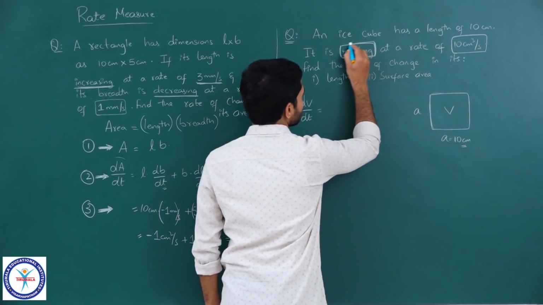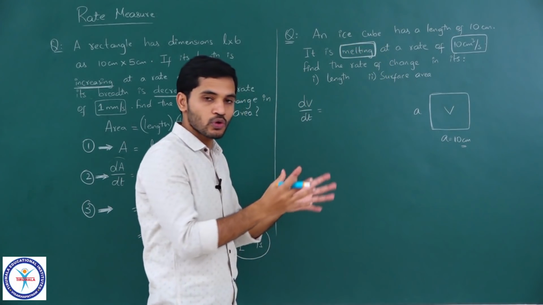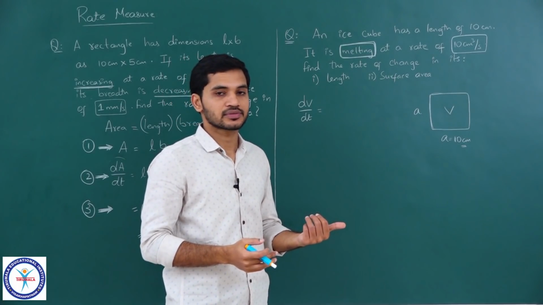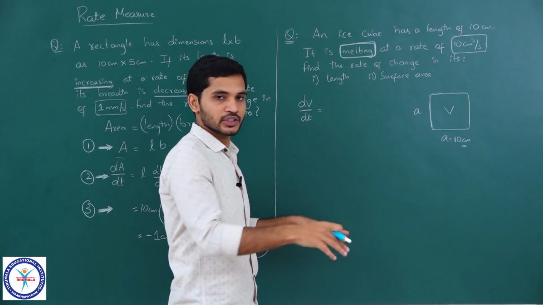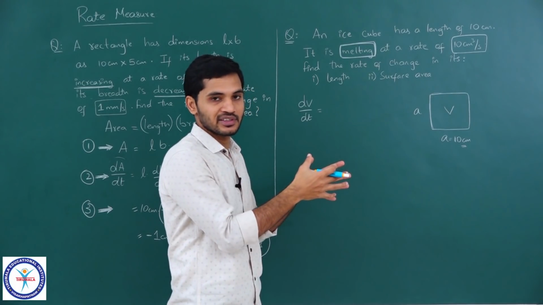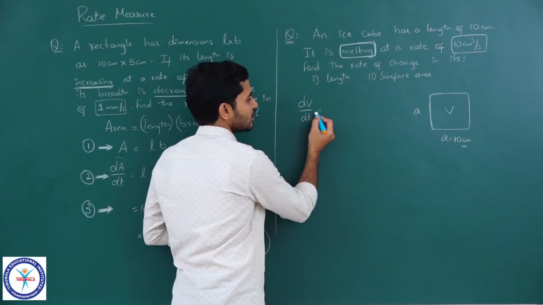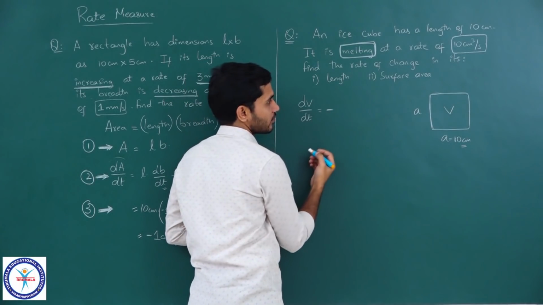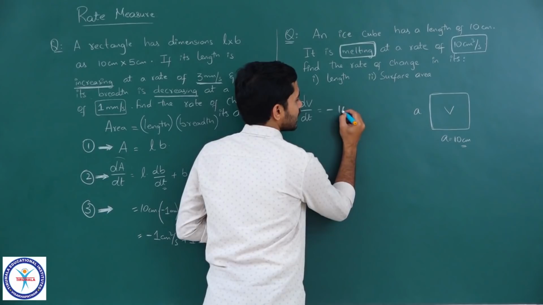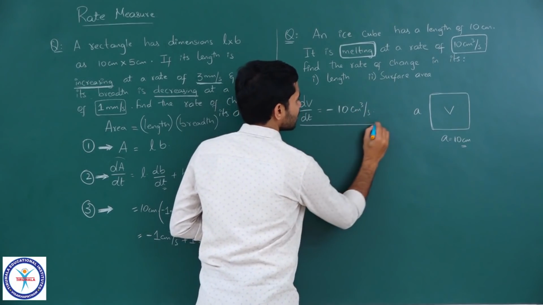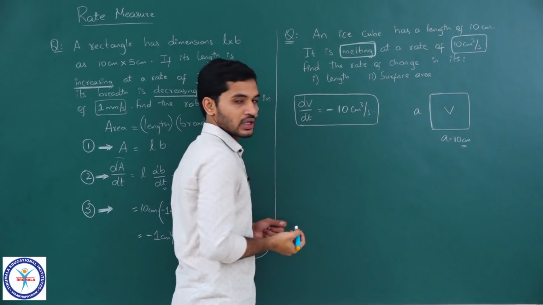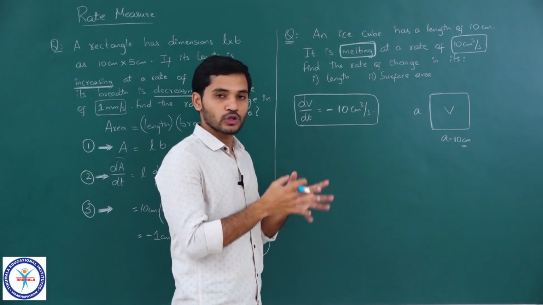So melting means what happens to the cube's volume, will it increase or decrease? It decreases, right, because the water, after melting, just goes away, only the remaining solid will be left. So we should consider that dV by dt in this case is negative. So negative 10 centimeter cube per second. So melting means that volume is decreasing.